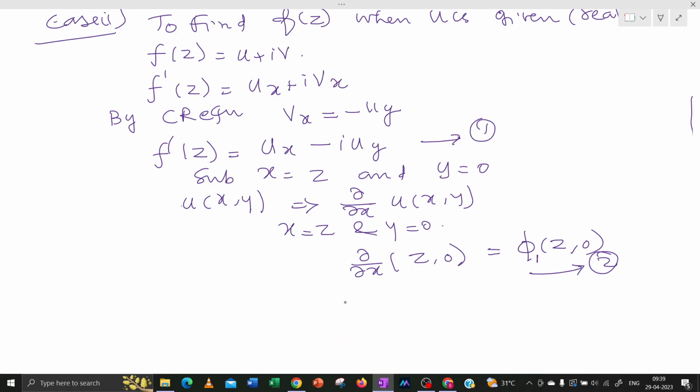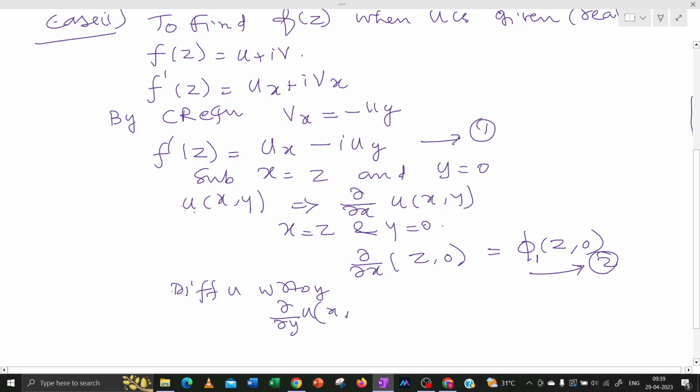In case you differentiate u of x comma y with respect to y, you will get dou by dou y of u of x comma y. And then you can substitute z comma 0, you will get dou by dou y of u of z comma 0.